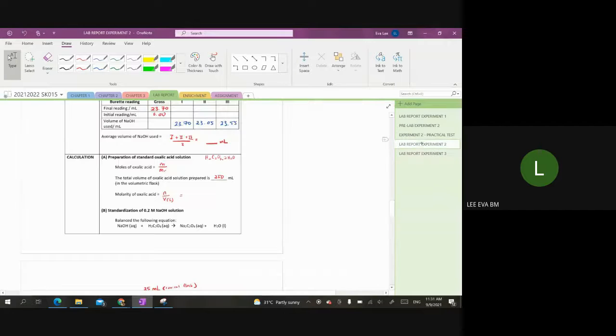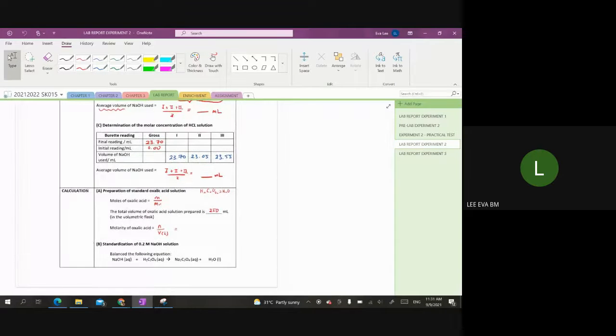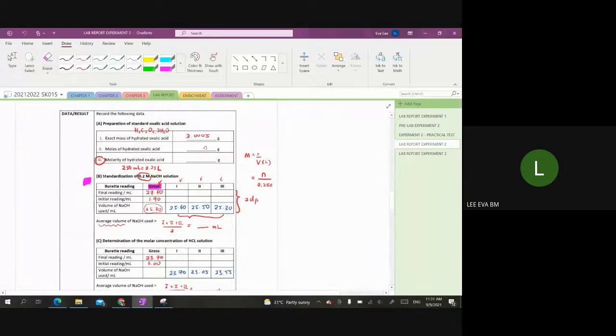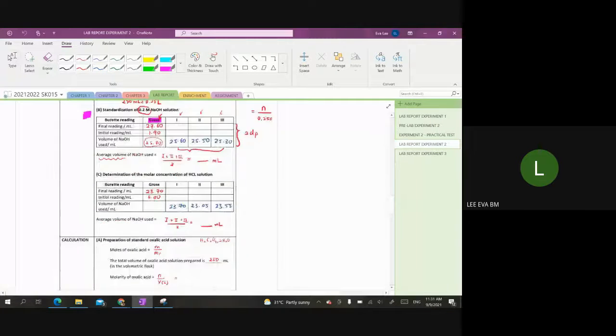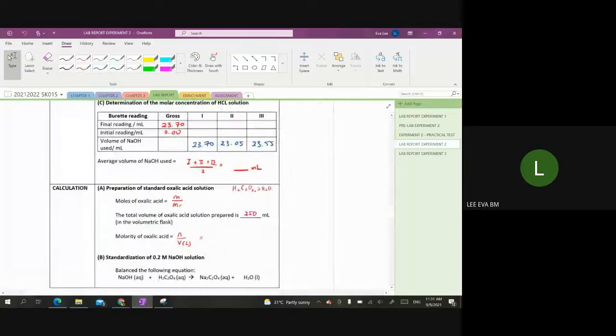Sebab dekat sini memang Madam nampak banyak kalau kita refer kepada eksperimen sebelum ni. Kat sini Madam pun sudah tunjuk dah suruh dah dekat sini. Carikan molar mass untuk oxalic acid. Tapi ada juga yang guna oxalic acid tanpa H2O. Maka maksudnya awak tak fokus lah masa Madam jelaskan dekat sini. Tak fokus tak apa, tapi awak boleh tengok balik OneNote dekat sini.